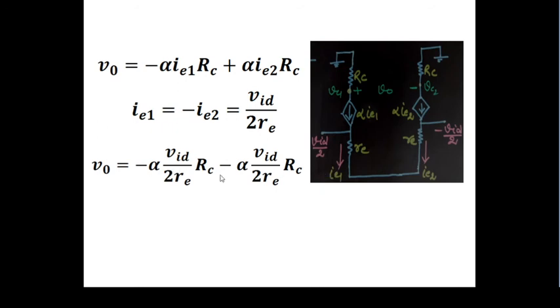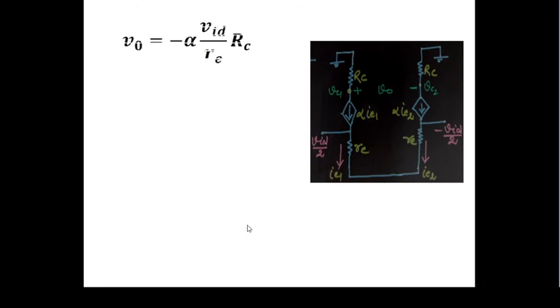Both are the same, so the 2 cancels, giving minus alpha VID by RE times RC. Now we have to find the gain, V naught by VID, so V naught by VID is your gain, minus alpha RC by RE.